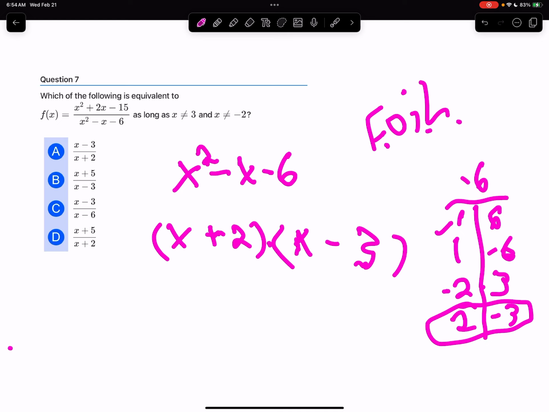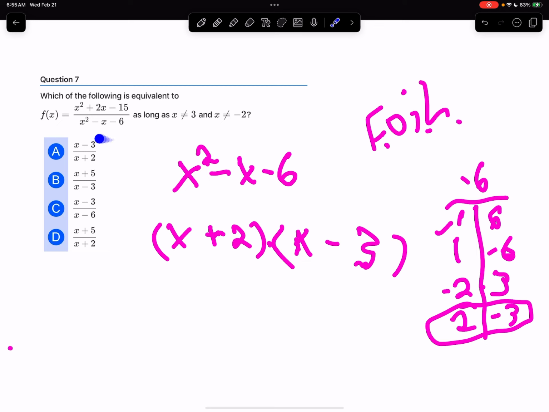So you have two things you have to look at. As I said before, you're getting your multiplication of all possible pairs, and you're choosing which of those pairs will add up to the middle number. Which pair multiplies together to give me negative 6, and then the same pair, chosen from the whole group, should give me negative 1 when I add them together. Okay, so this is the bottom of my fraction.